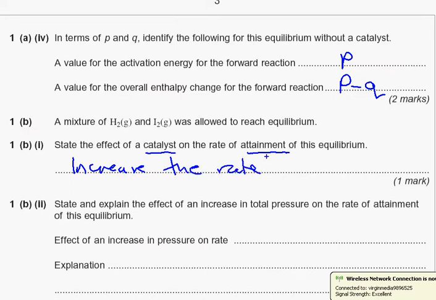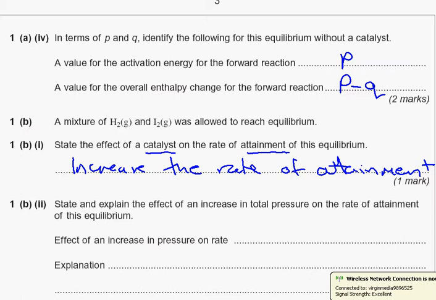It will increase the rate, or speed up the rate of attainment. So what happens when you add a catalyst to a reaction? You speed it up, and that's it. We haven't altered the amount of product, and it's not asking that. It's had nothing to do with that.